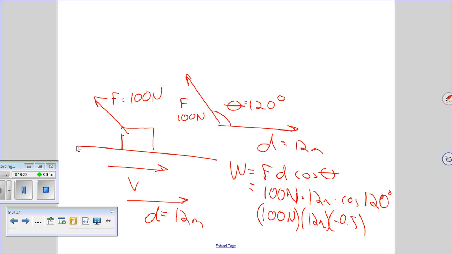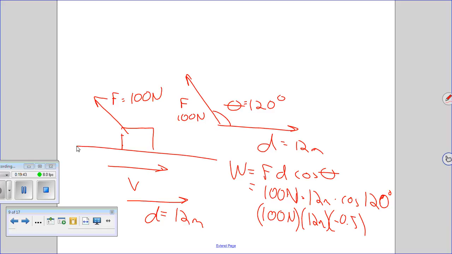The other way to do it would be to replace F with a y component and an x component. If you do it that way, then you'd multiply your x component by your displacement, but your x component would have to be negative, right? You see what I'm saying? So if you're bringing in components, then F would be negative. Correct. Follow? All right, are we good?